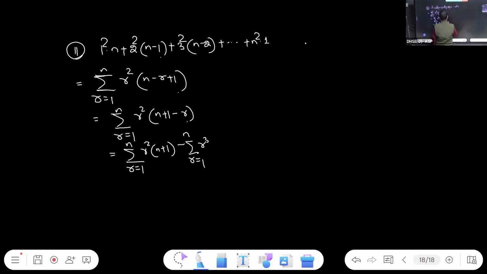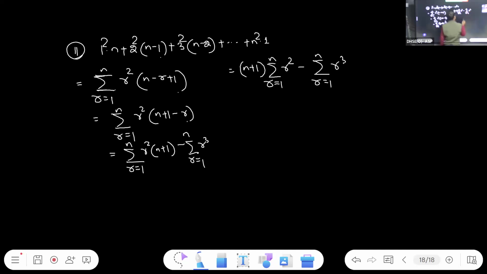And this is equal to n plus 1 into sigma r is equal to 1 to n r square minus sigma r is equal to 1 to n r cube.